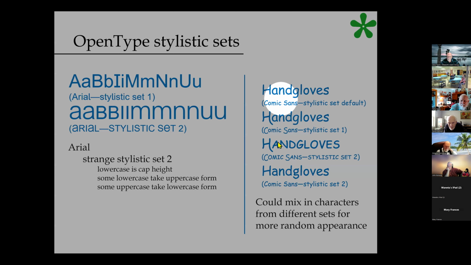Or I can go to a 2-story A by using stylistic set 2. So you can mix and match and make it look like it's not a font where people just look and say, well, every one of the A's is identical, so this is obviously not a hand-lettered sign. Well, if you do this, they might think that this is actually a hand-lettered sign because not all of the letters look the same.